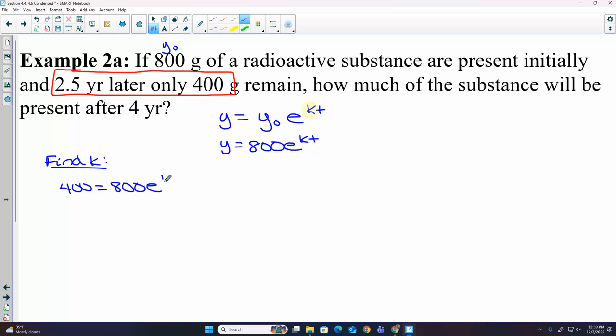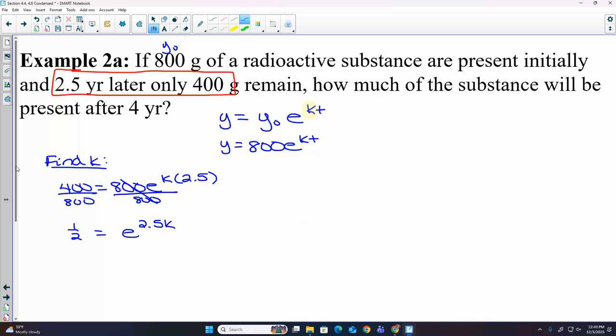I don't know k, that's what I'm trying to find, and my time is 2.5. If you divide by that 800, it gives us 1/2. This is sometimes called the half-life of a substance, how long until you have half of what you started with.